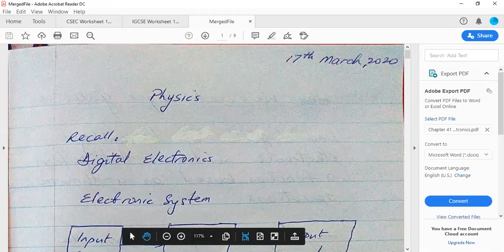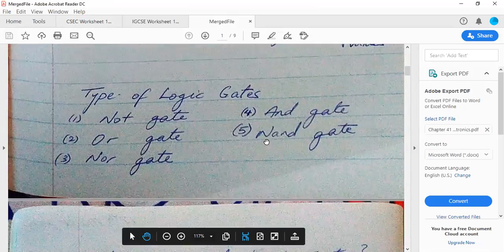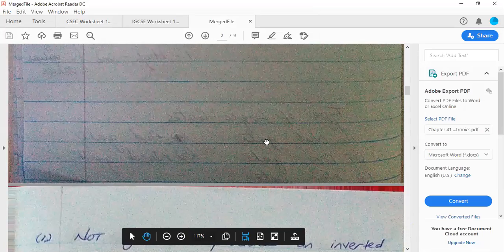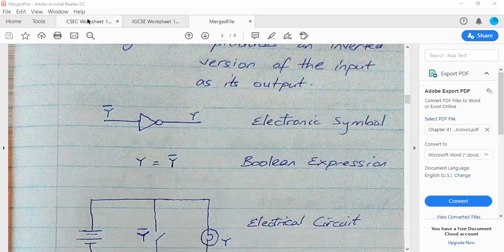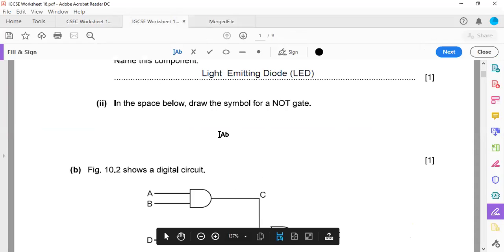Right, your NOT gate looks like this here. From the notes, we're toggling between the notes and the desktop. So this is the symbol you need to use. So your NOT gate is going to look like this here.